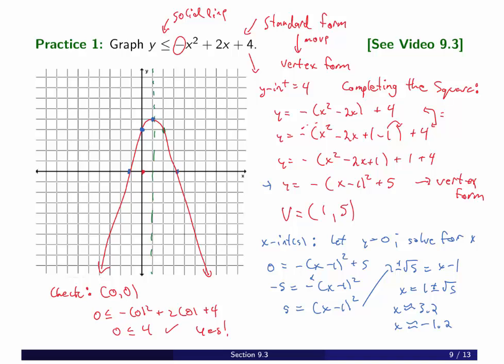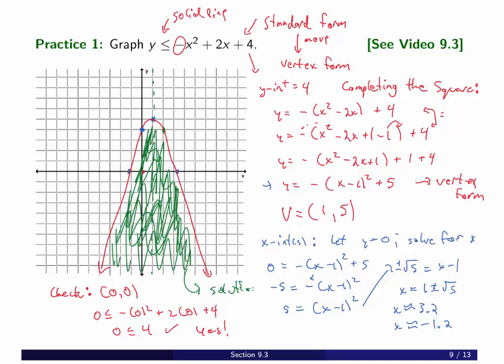So therefore, your solution region, which I'll do in green, will be everything underneath this guy. That is the solution region. There you have it.